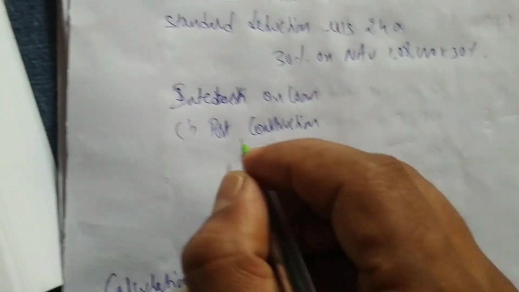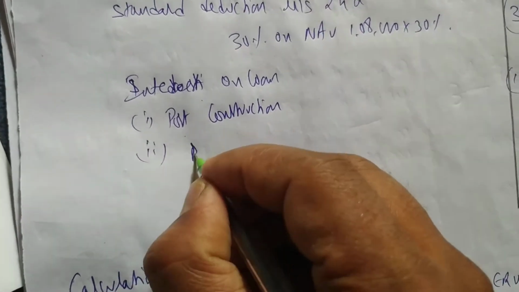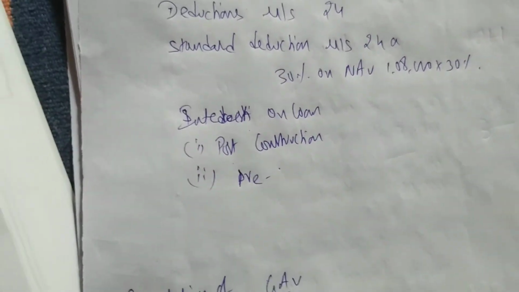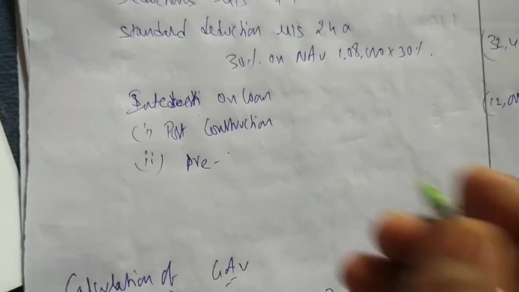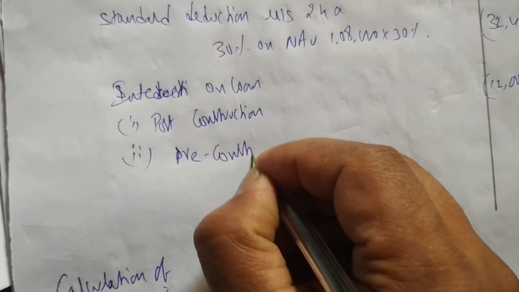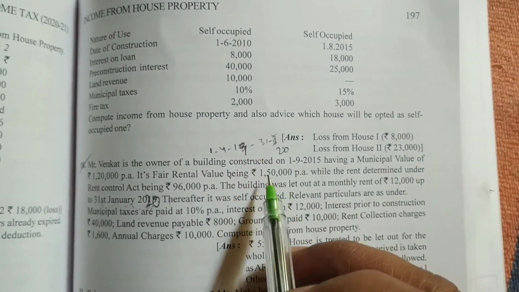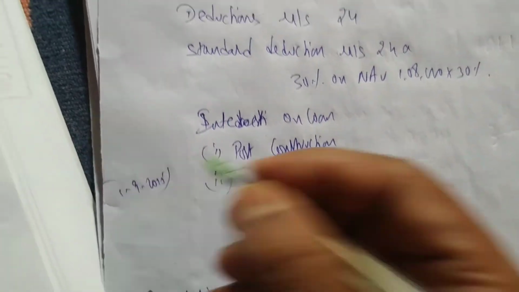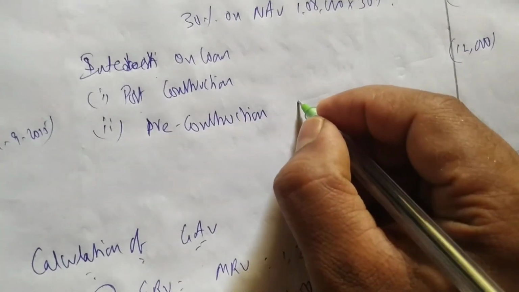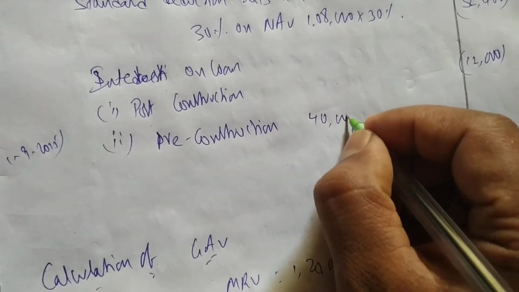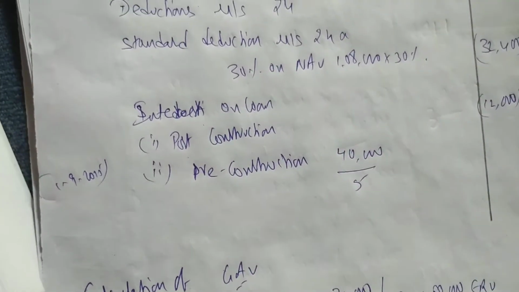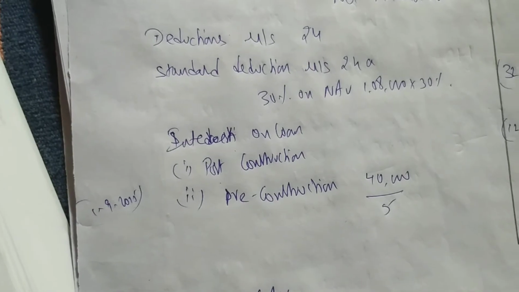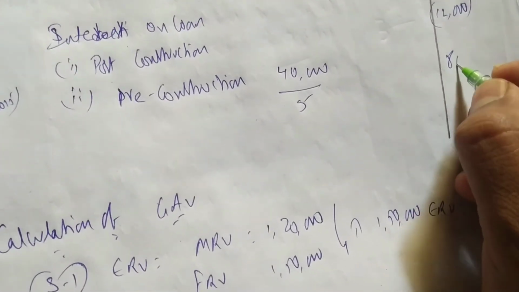Next interest you got pre-construction. You can take pre-construction because the construction is completed on 1st September 2019, this is after 2015. So pre-construction interest is how much? 40,000 divided by 5 you can take. Okay. So 40,000 divided by 5 is 8,000.